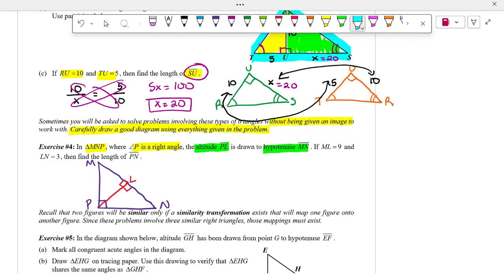Then ML is 9, LN is 3, and they want us to find the length of PN, so it's over here. I'll call that X. I know it's on top of some words, my bad.